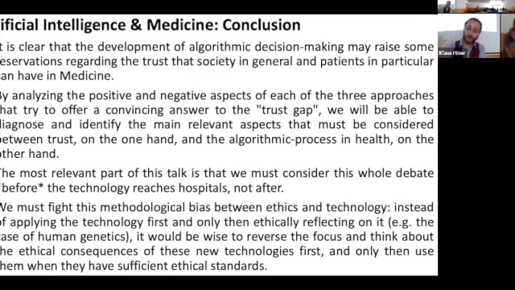And of course, the most relevant part of the talk is what I call, we need to fight this methodological bias between ethics and technology. So instead of creating the technology first and only then considering its ethical consequences, we should first think ethically about it, and only when we reach an ethical standard, we should then use and deploy all these technologies.